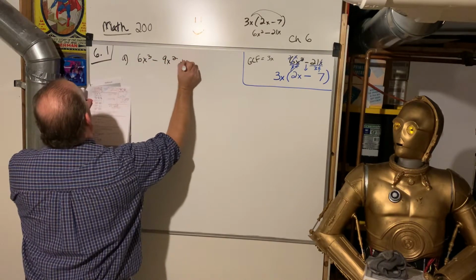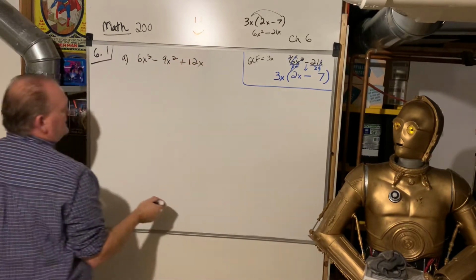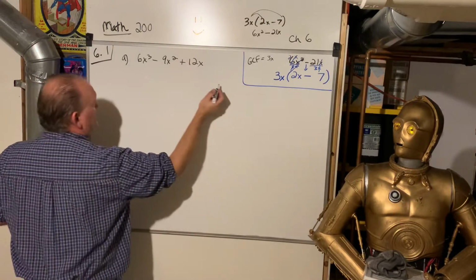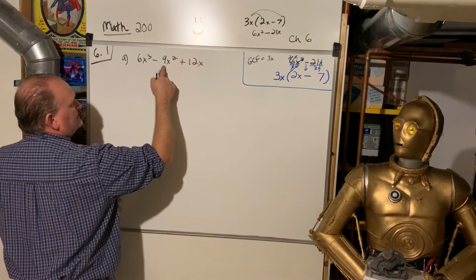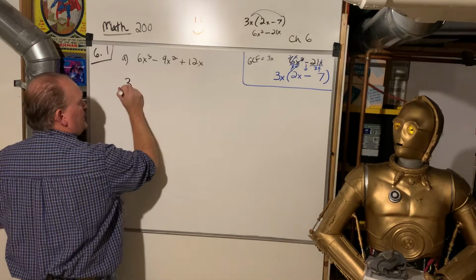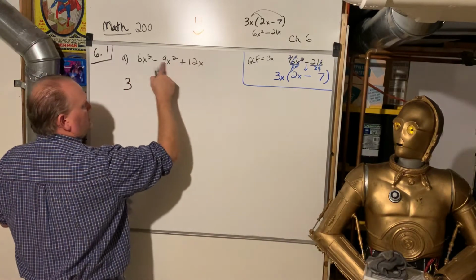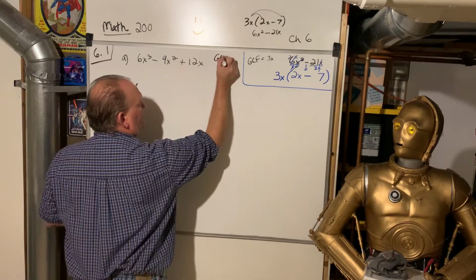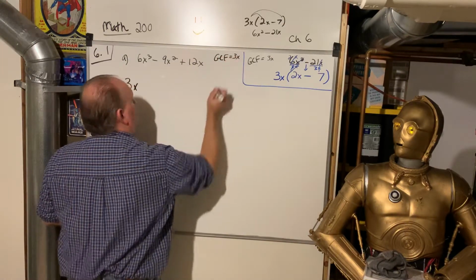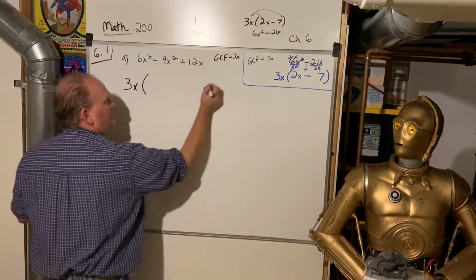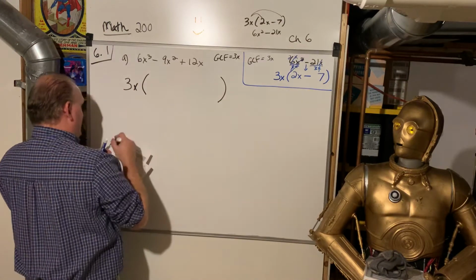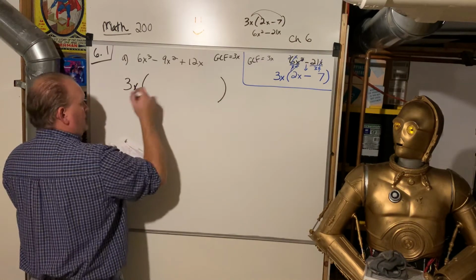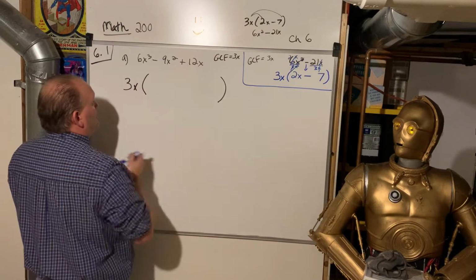So in this one, the GCF would be 12, 6, and 9, that would be 3. And then x squared, or x to the third, x. So that would be the GCF. All right, and then I do a big old empty set of parentheses. And whatever I wrote there, I put underneath each term.